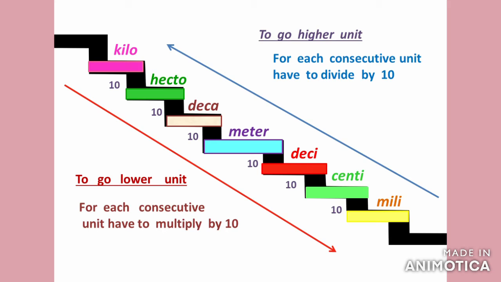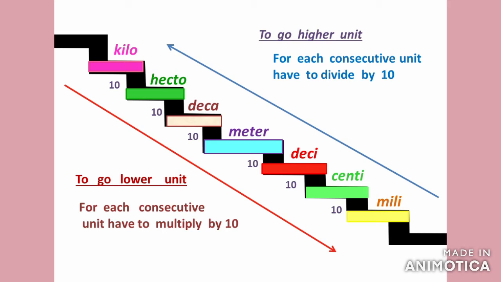With one example, we should be clear. Suppose 500 meters, and we are trying to convert it into hecto. Then we will first divide 500 meters by 10. That means we get decameters. So 500 meters is equal to 500 by 10 decameters, that means 50 decameters.